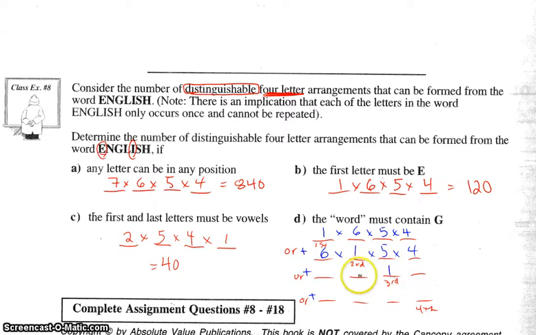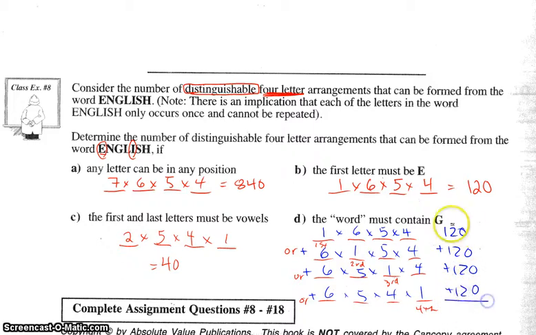So you can see how this is going to go. 1 in the third position, 6, 5, 4 for all the others, and 1 in the fourth position, 6, 5, 4. But each of those are going to be the same value, 30 times 4, so 120, plus 120, plus 120, plus 120. And yes, you could have just gone 4 times 120 to get 480. So 480 different arrangements if it contains a G.